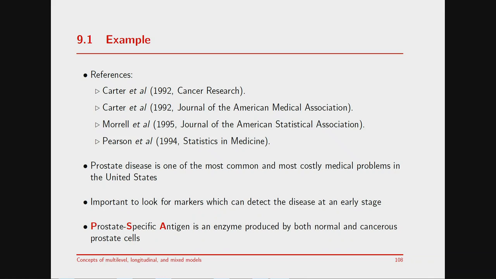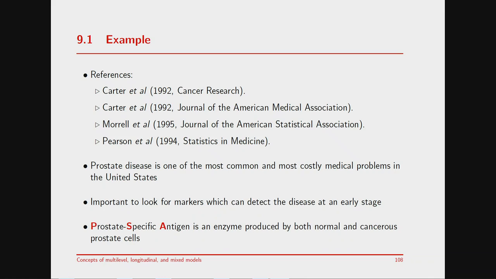However, it turns out that you can also have patients with what is called benign prostatic hyperplasia, BPH. BPH is a situation where there's also more tissue, but it's not cancer, it's benign. Of course, if these patients have more tissue, they also have a higher value of PSA.